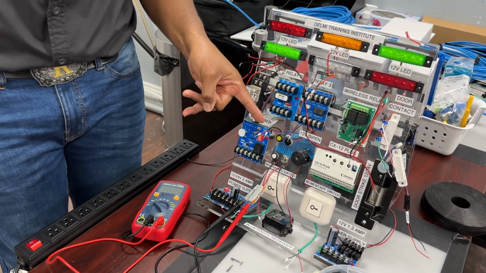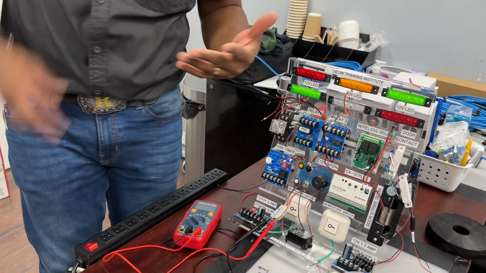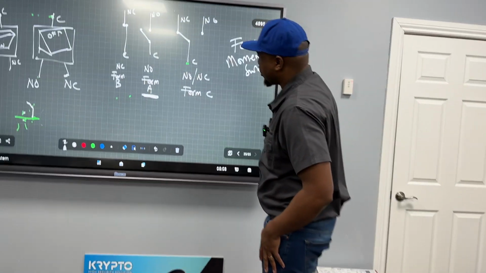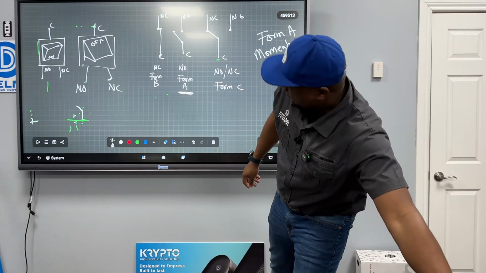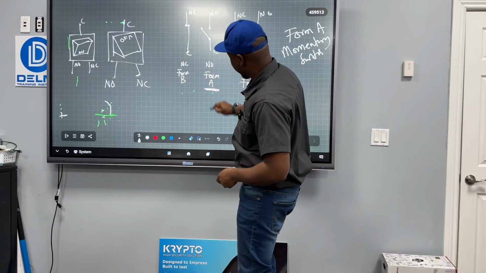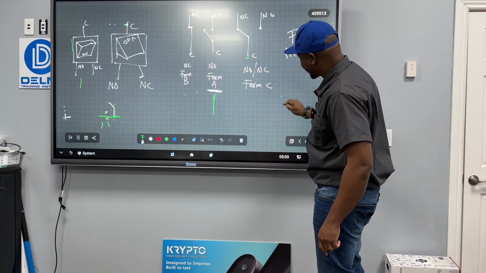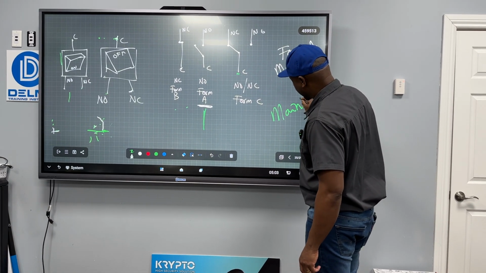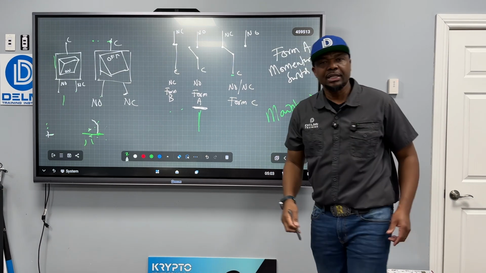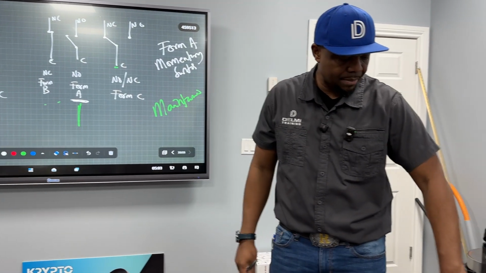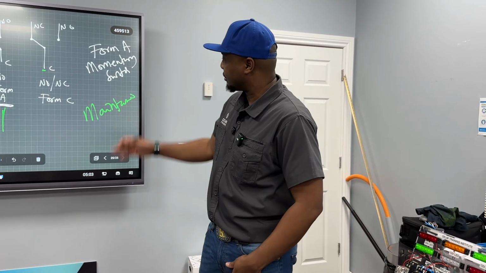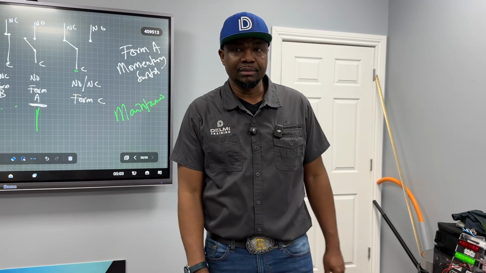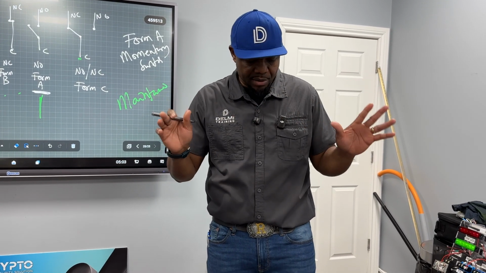So this is a Form A maintained switch. That's just how you are able to distinguish the different types of switches. I hope you guys understand. It is very, very easy.